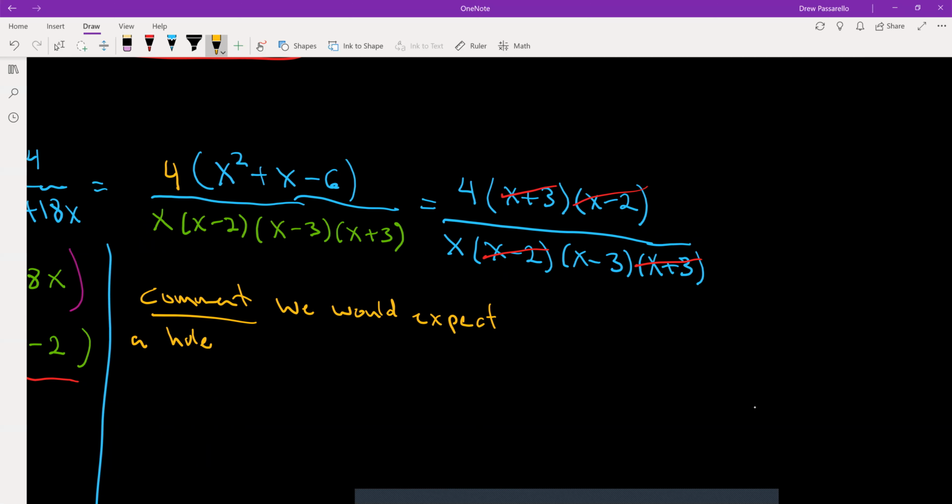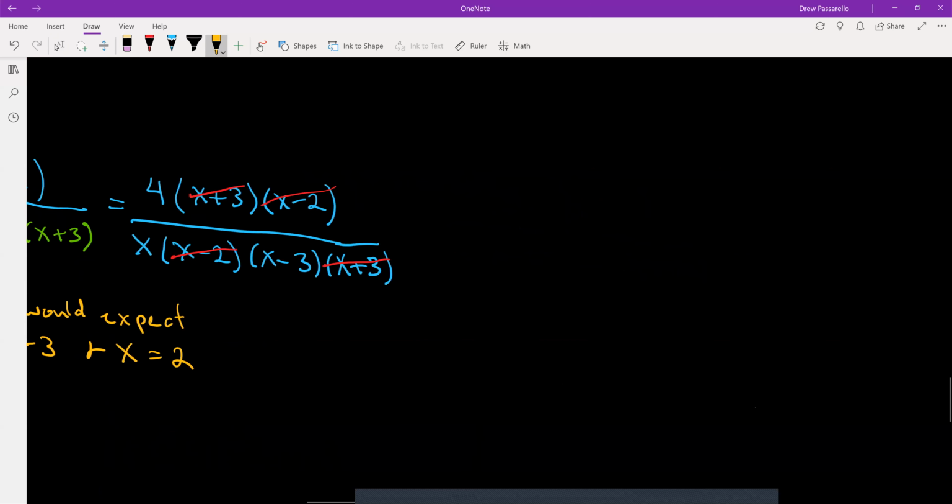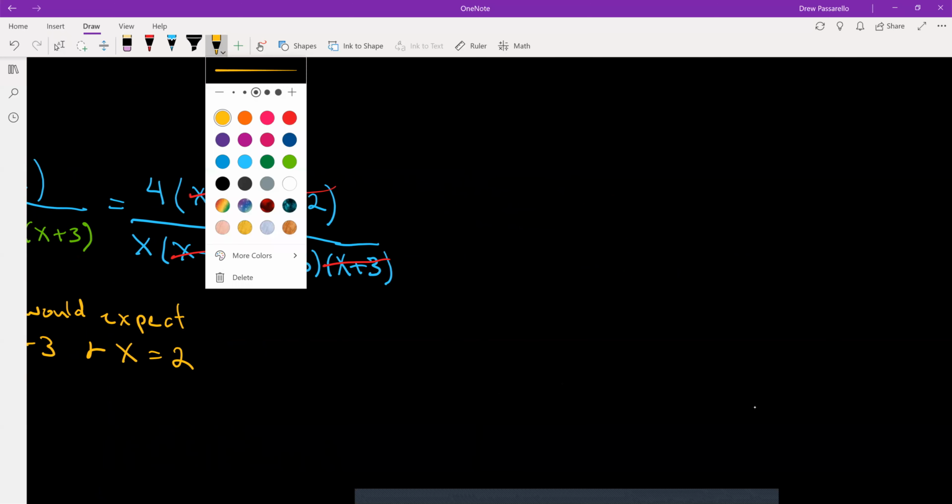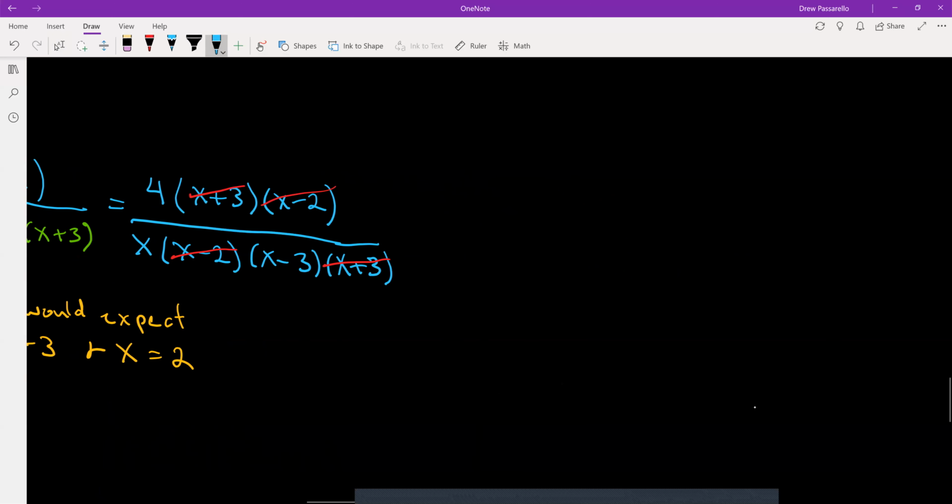The question asks for vertical asymptotes, but I just figured I'd add that as an aside because of the x plus 3's canceling out, and I expect a hole at negative 3. And then a hole at x equals 2 because of the x minus 2's.